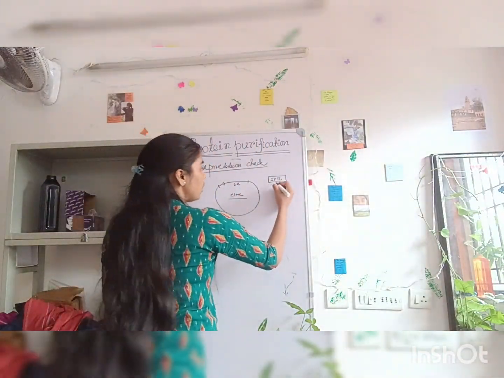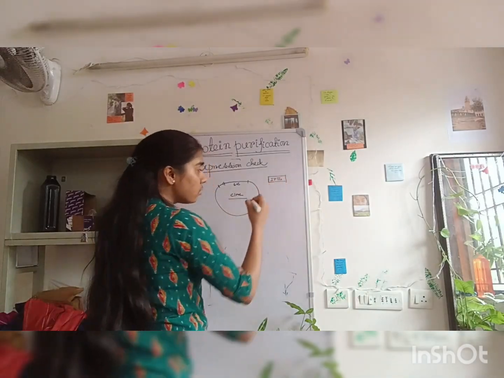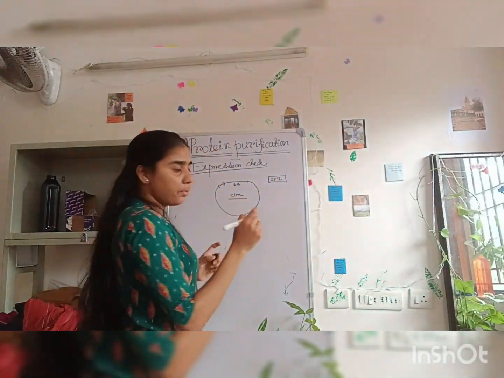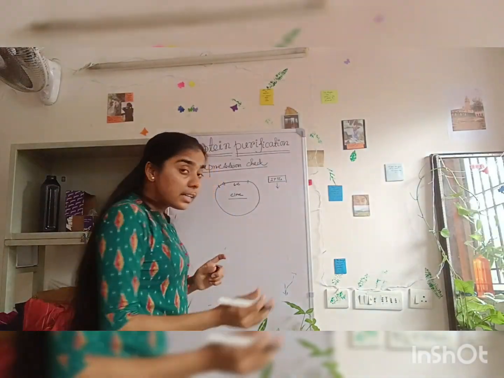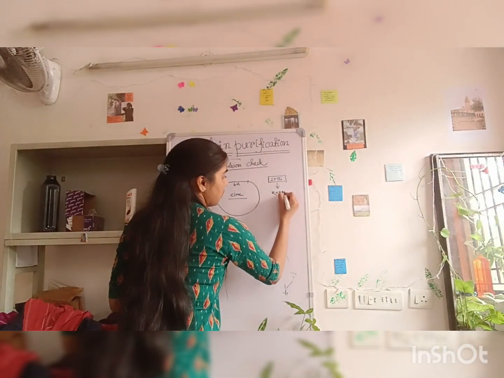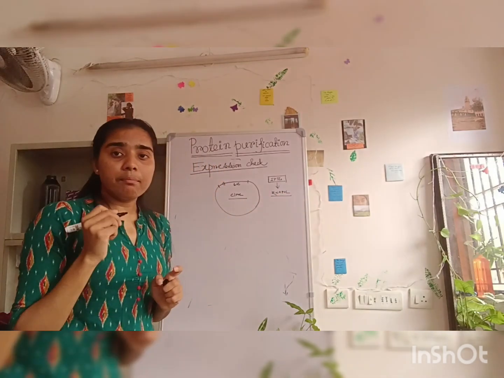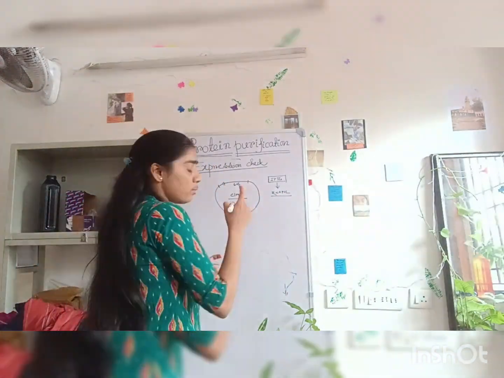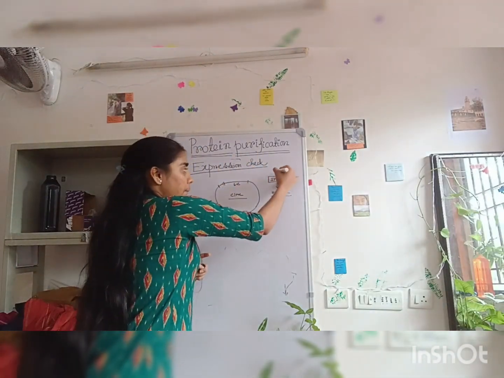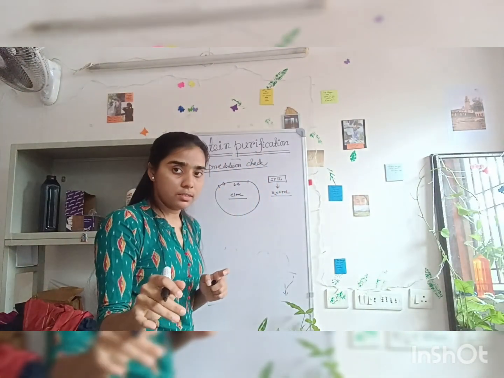Now we induce this bacterial cell with IPTG. IPTG increases the production of RNA polymerase. People generally make a mistake here. They say IPTG is for our protein. No, IPTG is for the RNA polymerase.